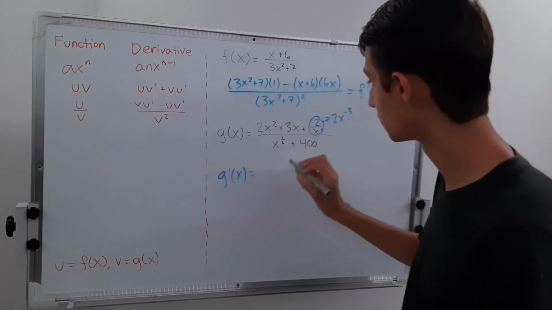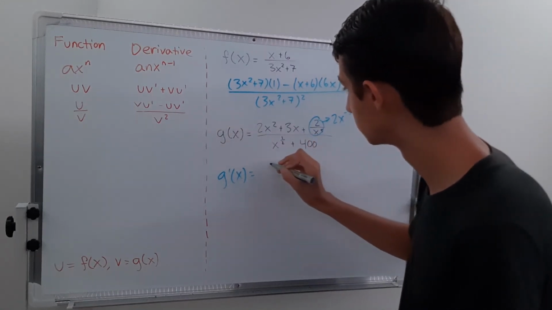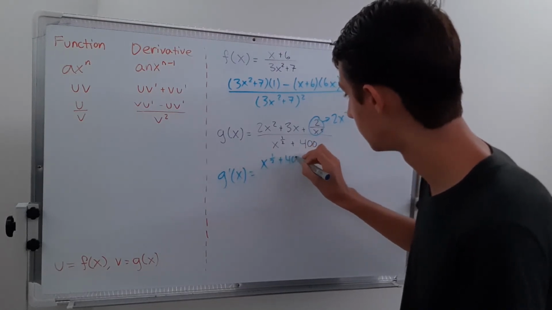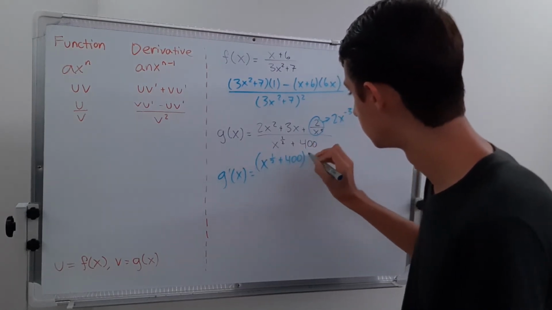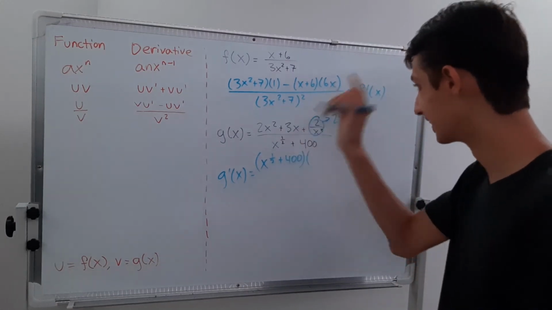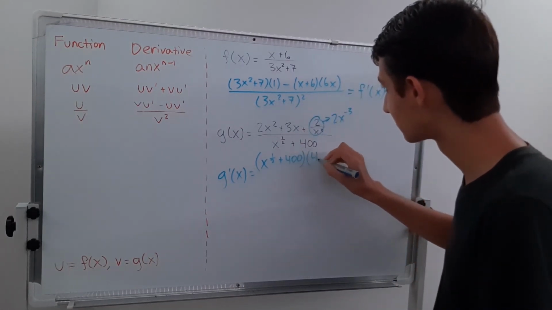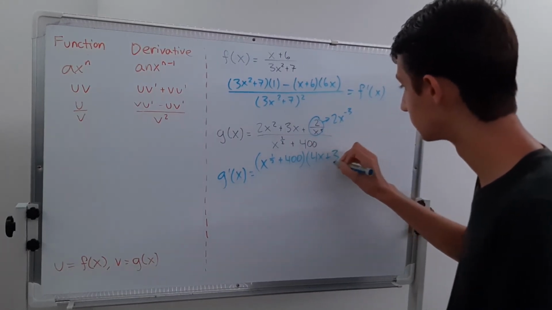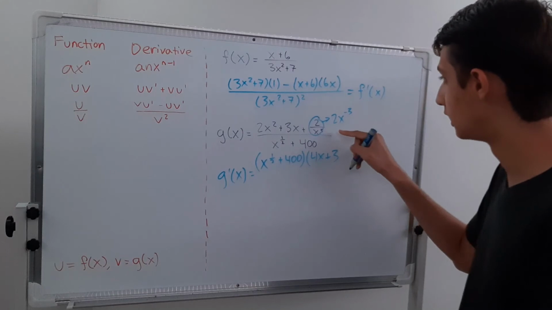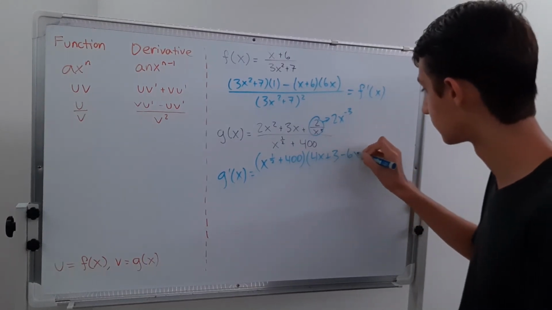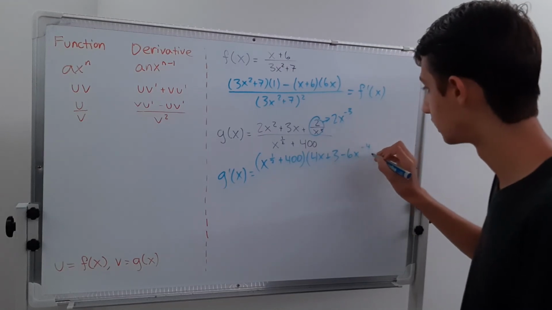So let's just do this. Our bottom function is going to be x to the 1/2 plus 400, times the derivative of our top function, which is going to be 4x plus 3, minus 6x to the negative 4, okay?